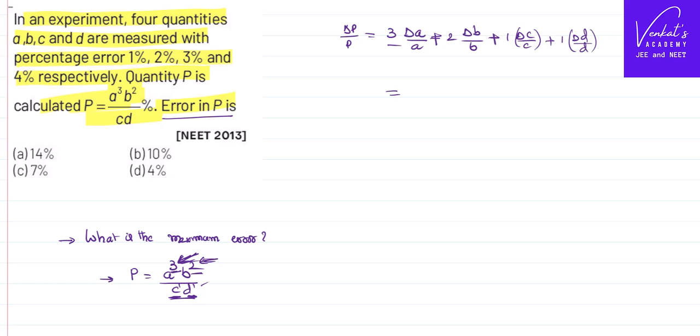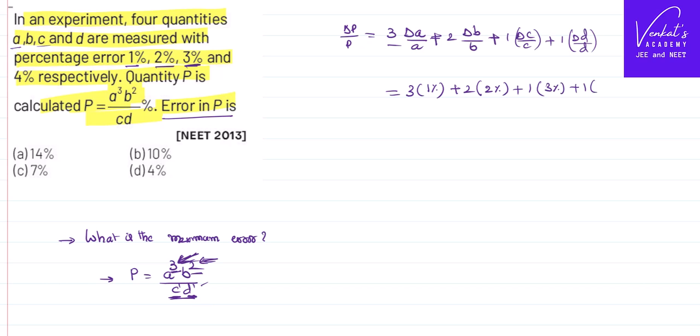And it is given further in the problem that the error in A is 1%. So, 3 delta a by a is 3%. Error in B is 2%, delta b by b is 2%, so 2 times 2 is 4%. Error in C is 3%, respectively, he said.